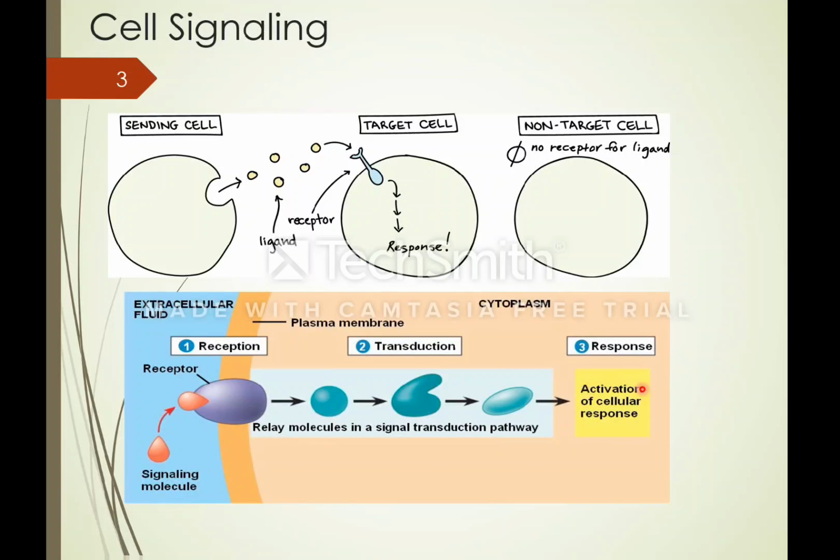After that, the target cell receives the message and responds to it, and finally the cellular response is activated.